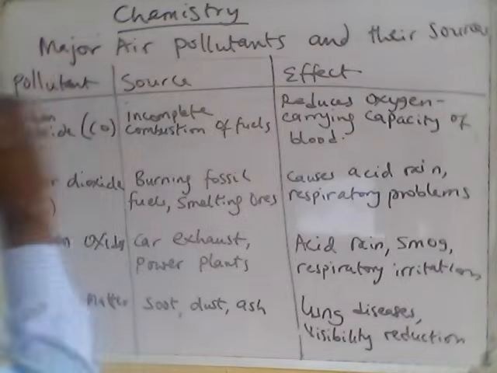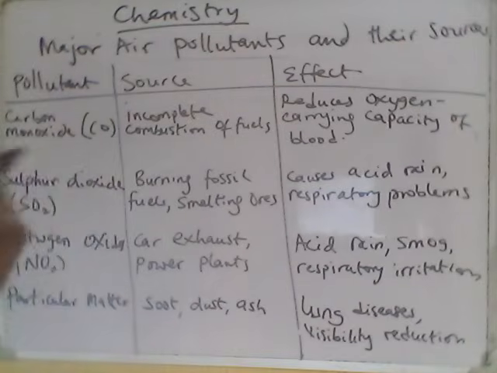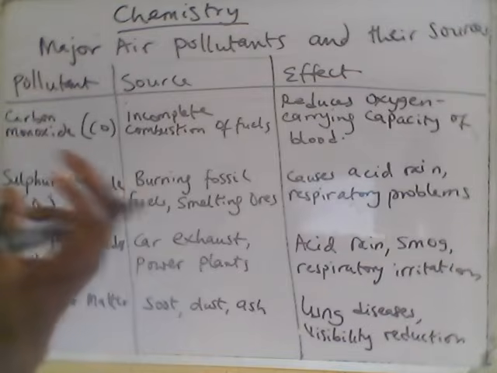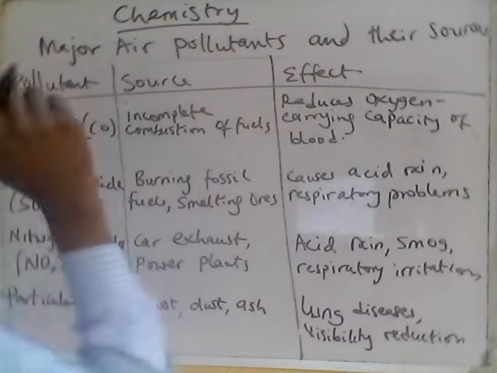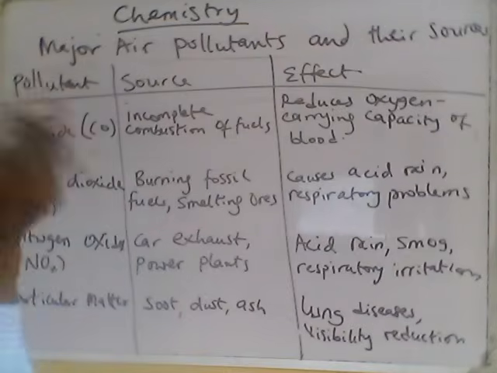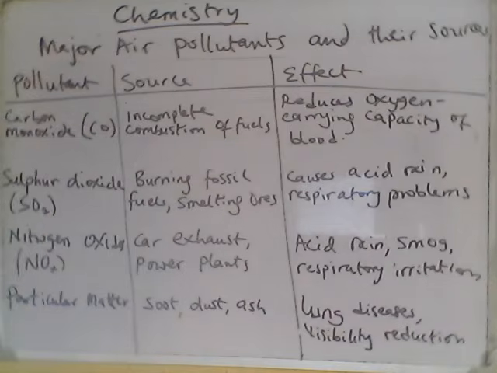The effect is that if any organism or animal inhales it, it will reduce oxygen carrying capacity in the blood, and this can lead to death. Most times you see people who inhale carbon monoxide from a generator, from a vehicle, or constant smoke, and this is what happens.